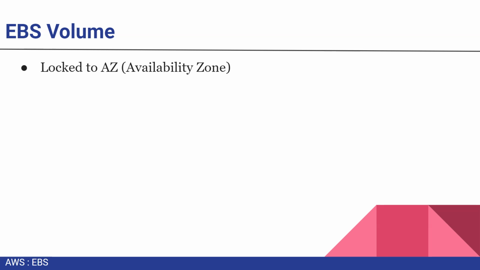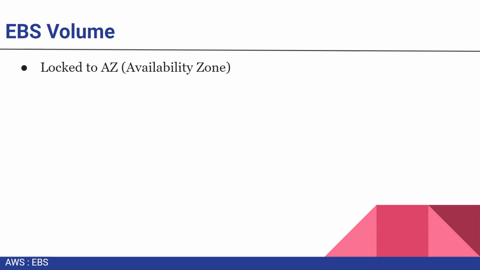One more point about EBS which we have to make sure of is that EBS has an availability zone limitation, where it is locked to one particular availability zone. So in one availability zone, your EBS volume cannot move directly to another availability zone, and you cannot even use it in another availability zone.